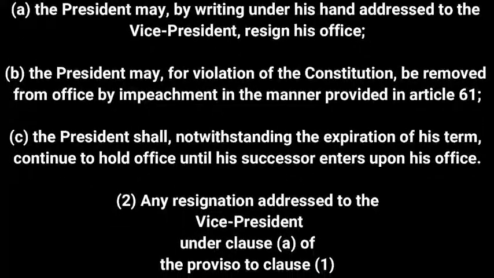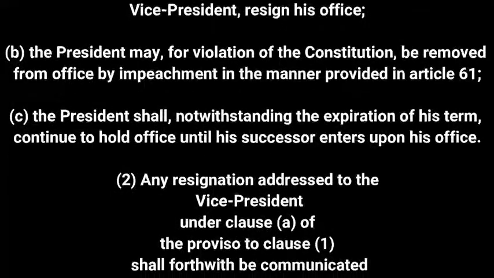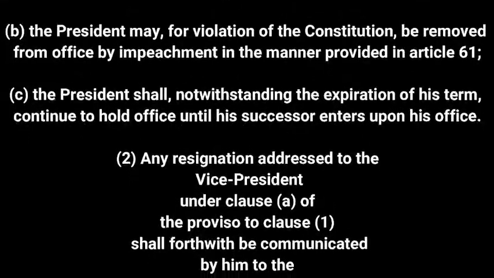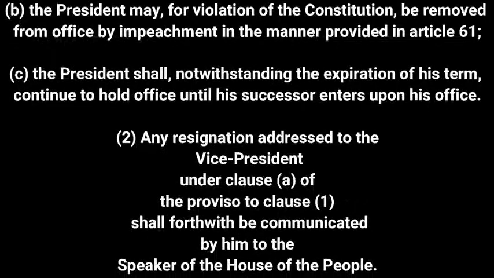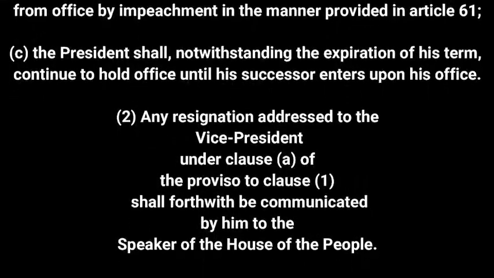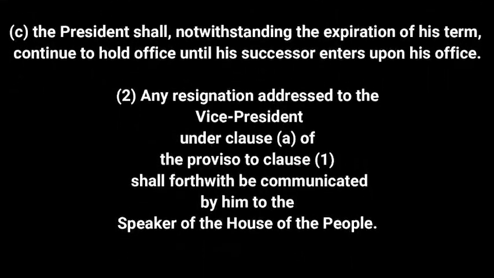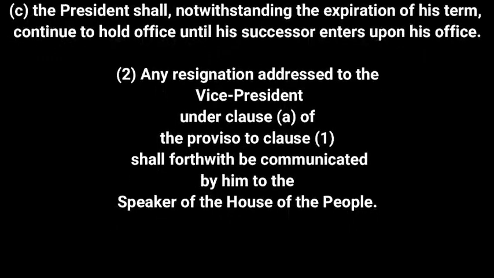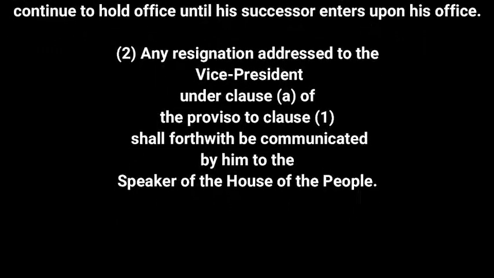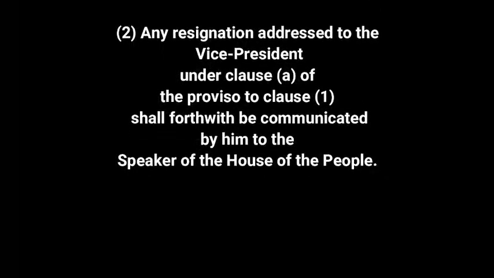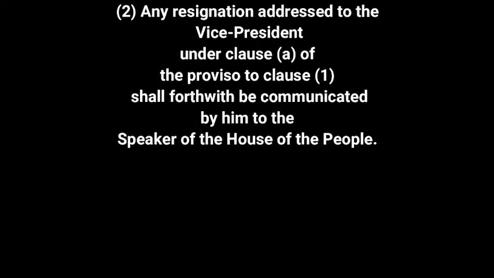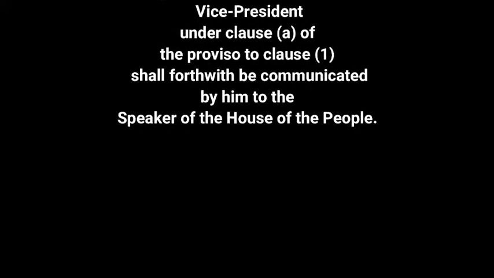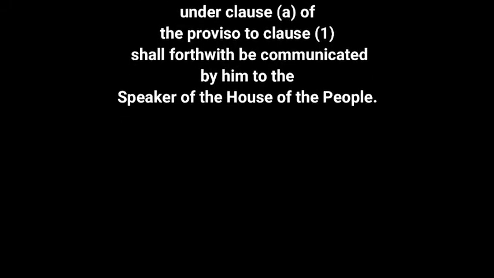The President shall, notwithstanding the expiration of his term, continue to hold office until his successor enters upon his office. 2. Any resignation addressed to the Vice President under Clause a of the proviso to Clause 1 shall forthwith be communicated by him to the Speaker of the House of the People.